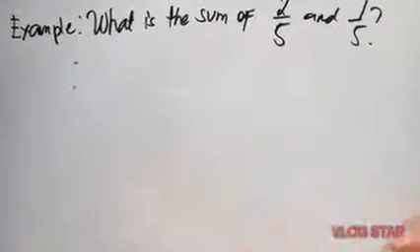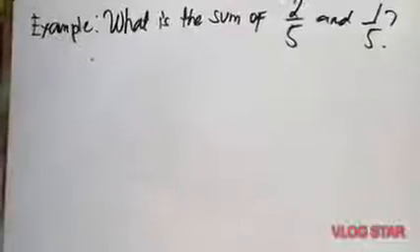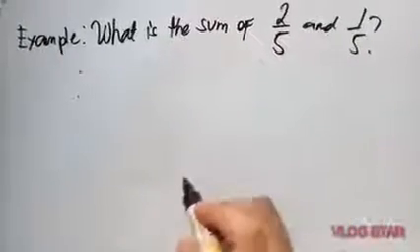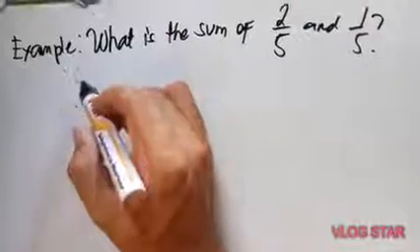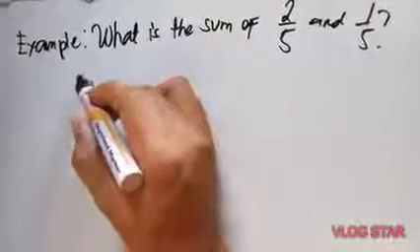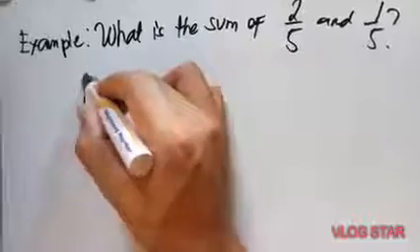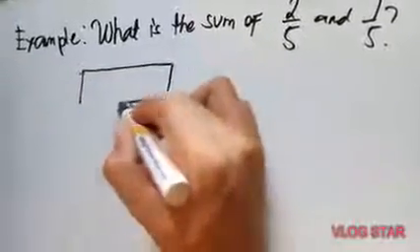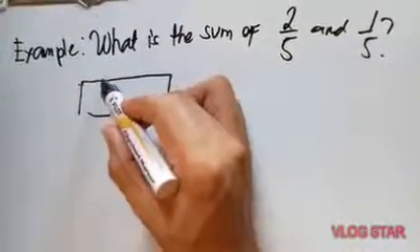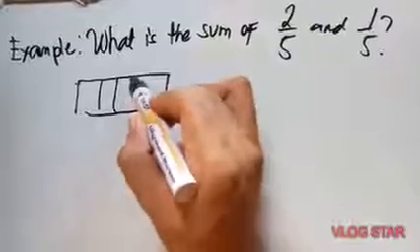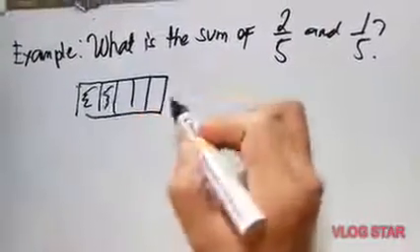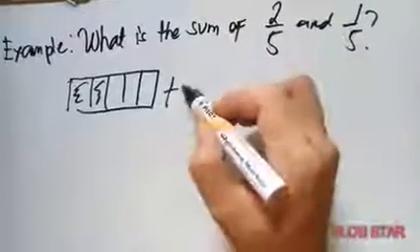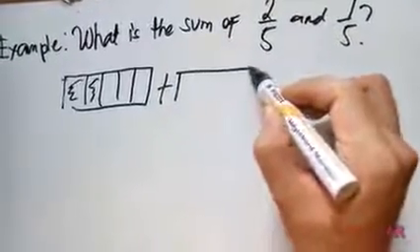So, for example, what is the sum of 2/5 and 1/5? First, we can add it using bars, or we can add it directly. Just draw 2/5, then the other one is 1/5.